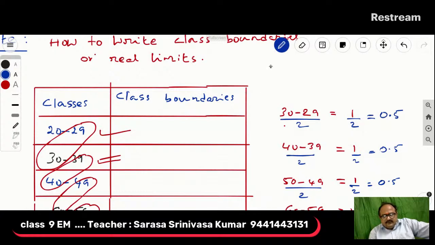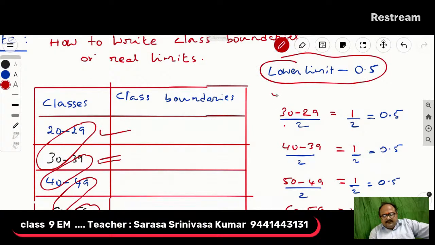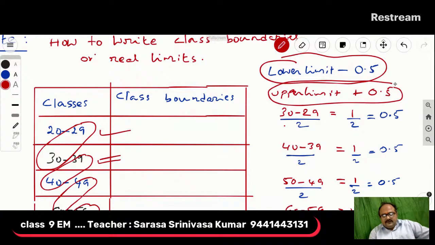So what we have to do is lower limit minus this difference 0.5. We should take this, and in the next one is upper limit plus 0.5. This is how we calculate.